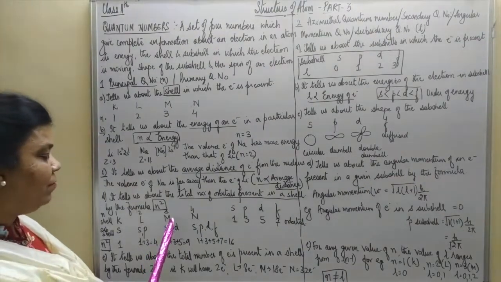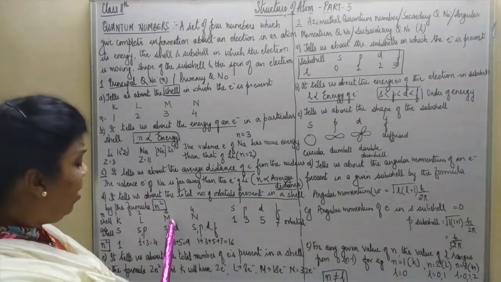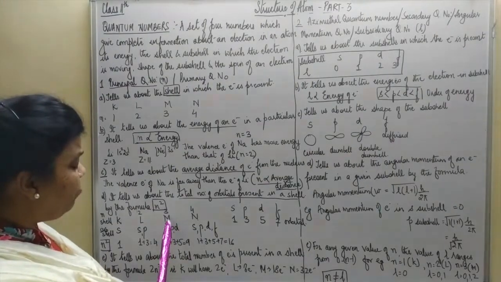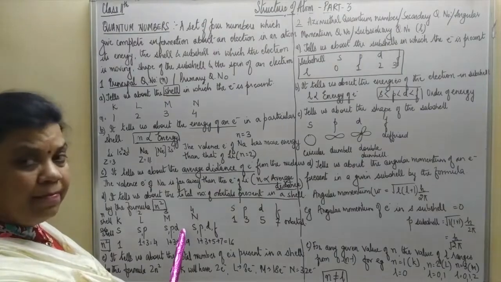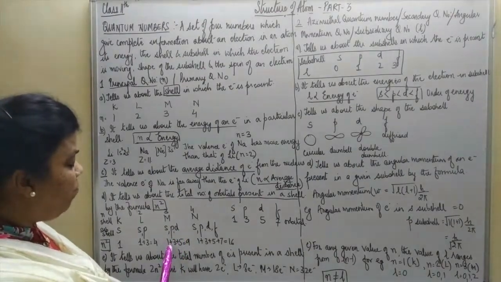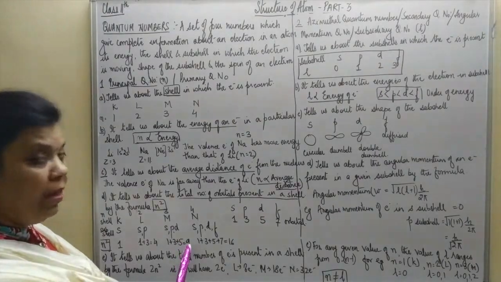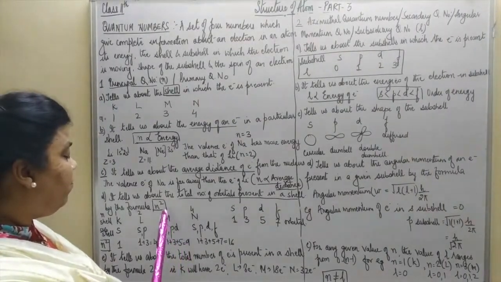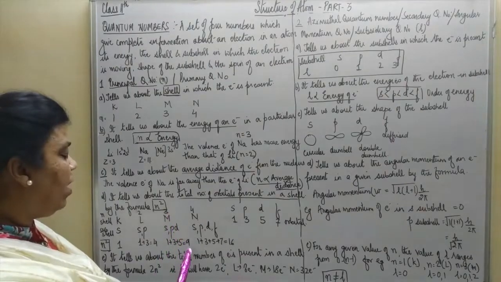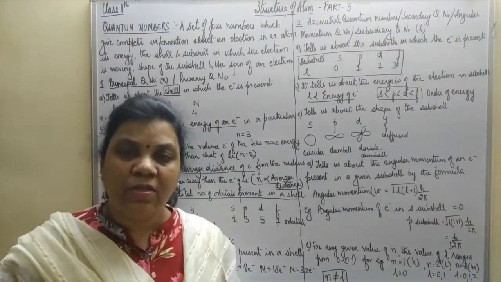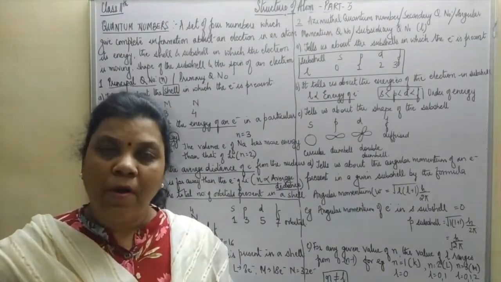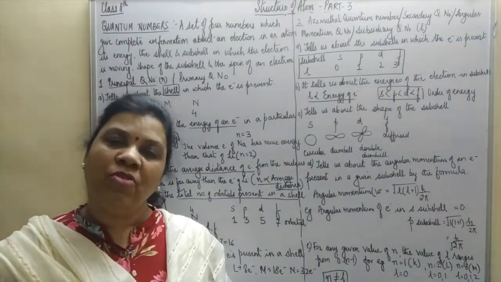In the same manner, the next shell, N shell, is containing S, P and D, that is 3 types of subshells, and the number of orbitals are 1 of S, 3 of P and 5 of D, altogether 9 orbitals. And if you do square of 3, you get 9. So n square is the direct formula to predict or calculate the number of orbitals present in a shell.